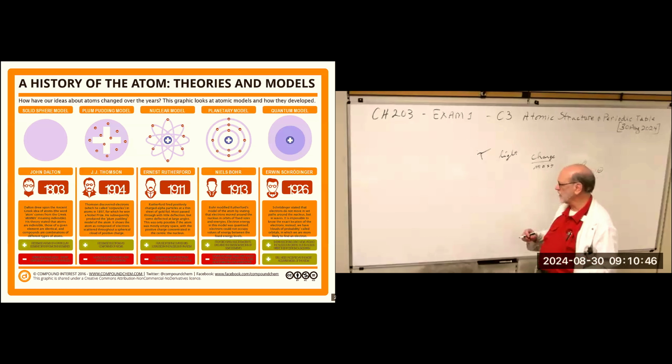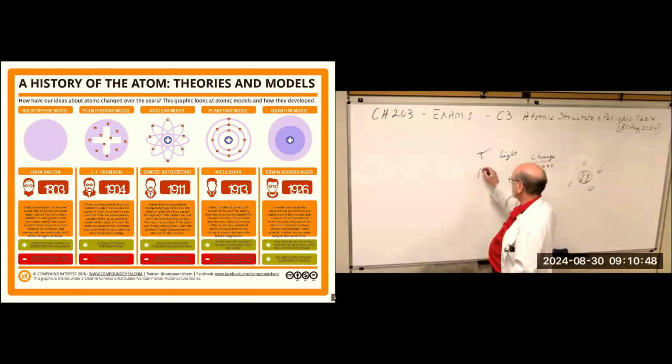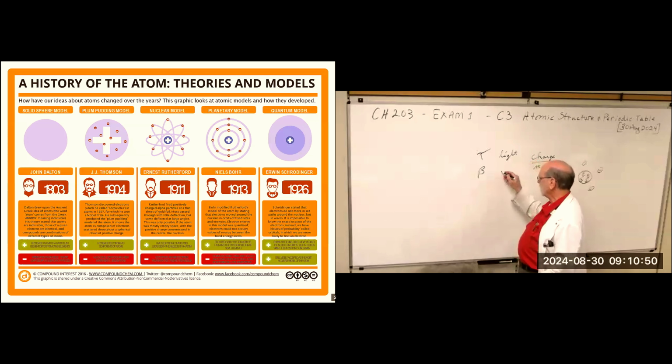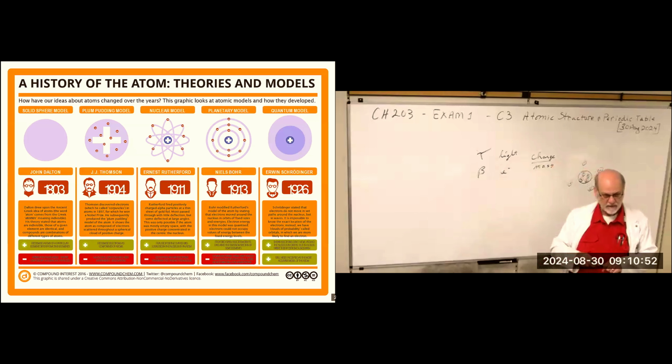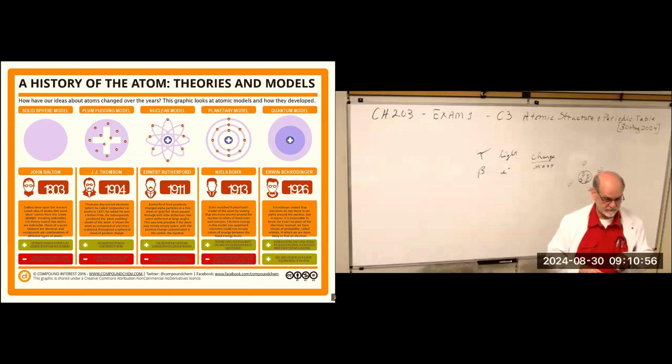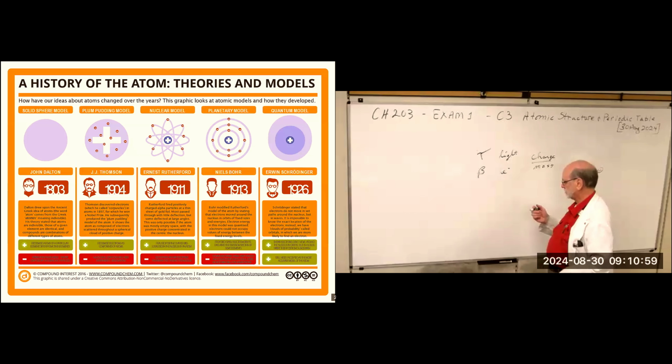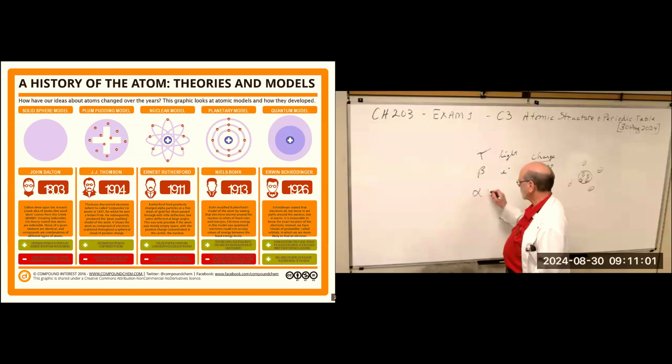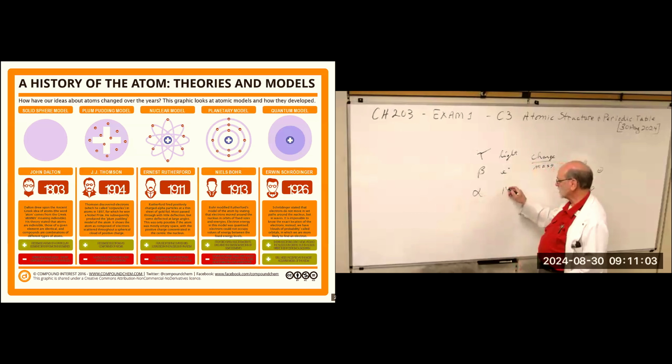And then he said there was another particle, the beta particle. This is essentially a very fast-moving electron, high-energy electron, coming from the nucleus. And the last one he proposed was alpha particle. And this is essentially a helium nucleus with a 2+ charge.